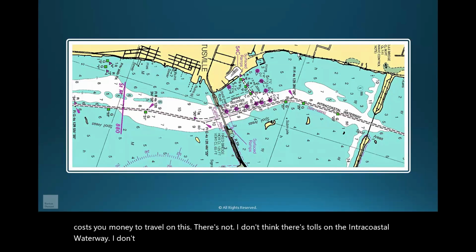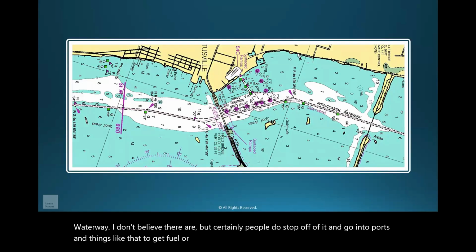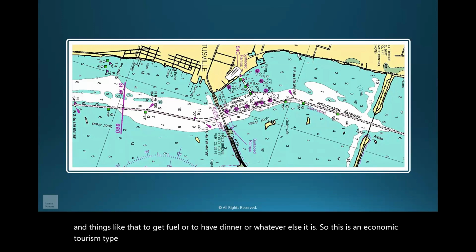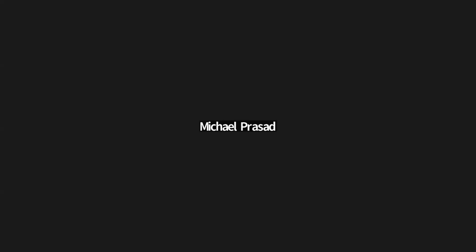I don't believe there are, but certainly people do stop off of it and go into ports and things like that to get fuel or to have dinner or whatever else it is. So this is an economic tourism type of process that has to be maintained. So just something of interest, I thought. Keeping this up and running might end up being an emergency management responsibility, the magenta line.